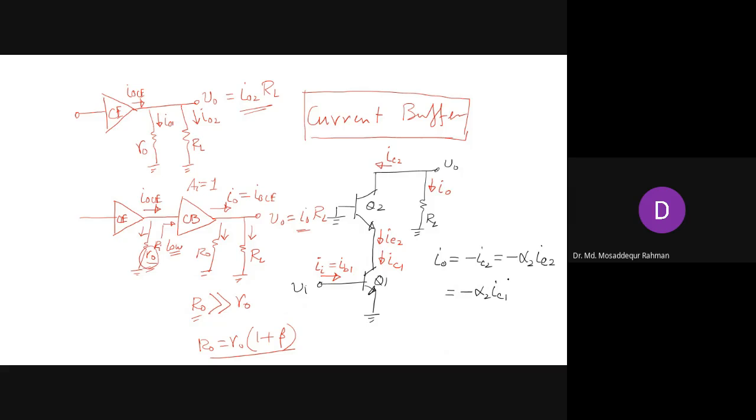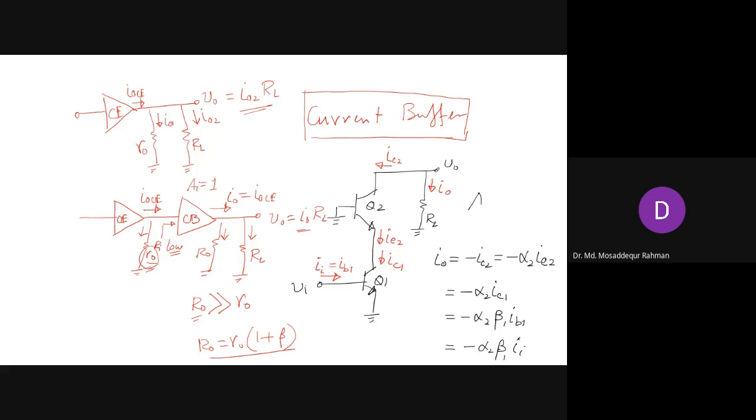And IC1, what is IC1? IC is beta IB, right? So we write beta 1 IB1. And in this case, IB1 is the same as the input current Ii. So that's IB is Ii, the input current.